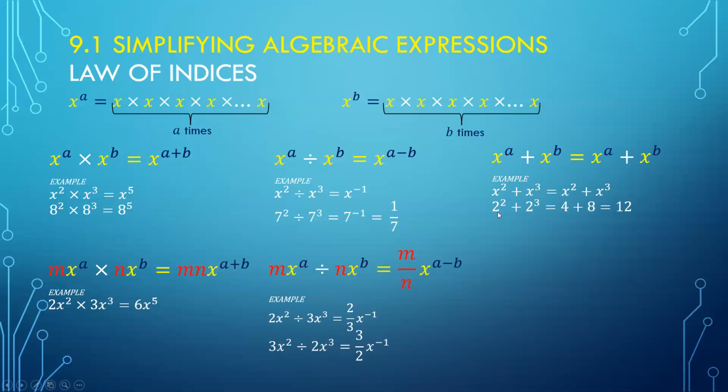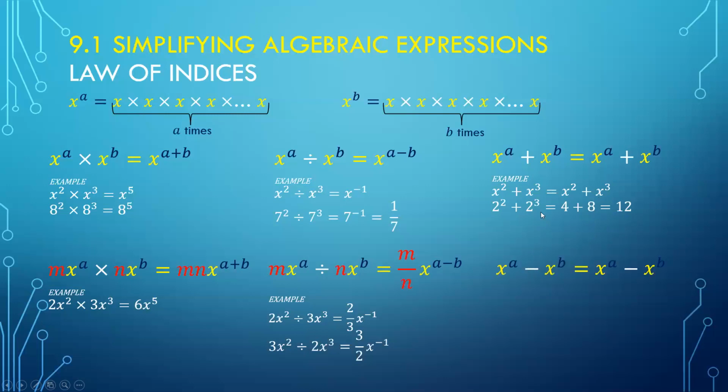But when we have numbers like 2 squared plus 2 cubed, we can individually find out what each is: 2 squared is equivalent to 4, and 2 cubed is equivalent to 8. Then we can add these numbers to get 12. Only when they are numbers can we simplify it further. Otherwise, this will be our final answer.